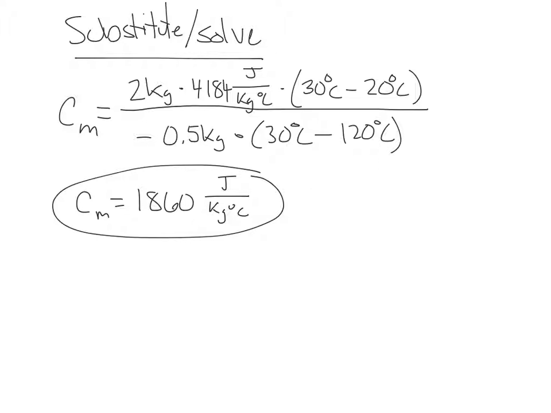Look at the top and bottom of the fraction. You can see this kilograms is going to cancel out this kilograms. Inside our parentheses you're going to get degrees Celsius, so the degrees Celsius cancel out. That leaves us with joules per kilogram degree Celsius, which is what we expect for the units of a specific heat.